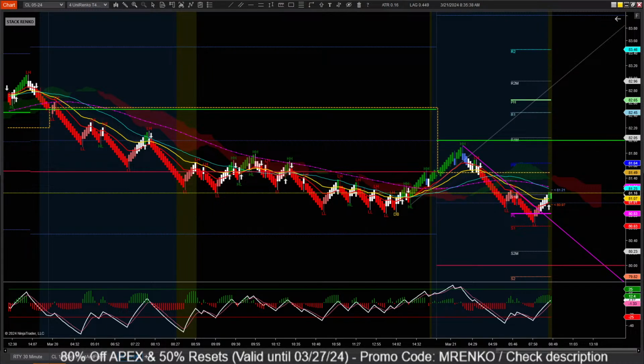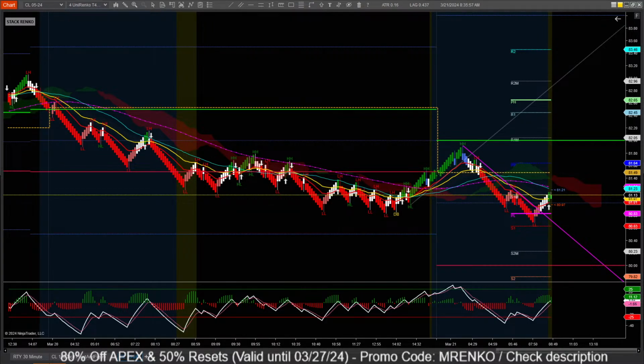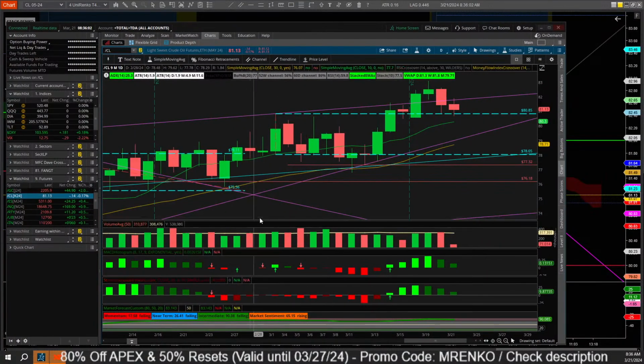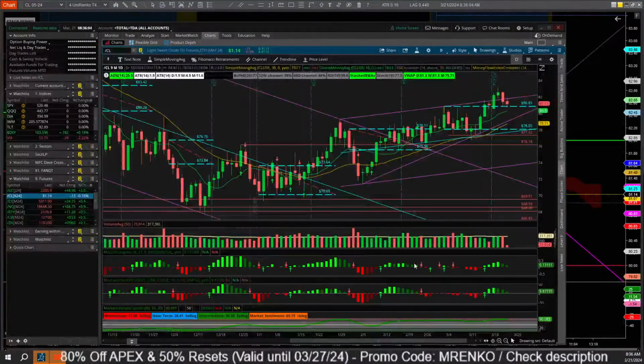Let me see here. Crude. I'm opening my thinkorswim crude to see. We are bouncing off of the first day opening range. Okay, let's revisit that one just to make sure that everyone is on the same page.